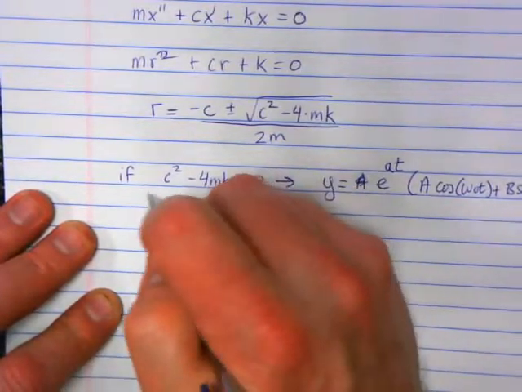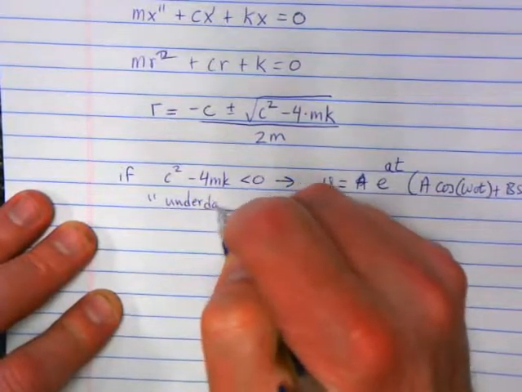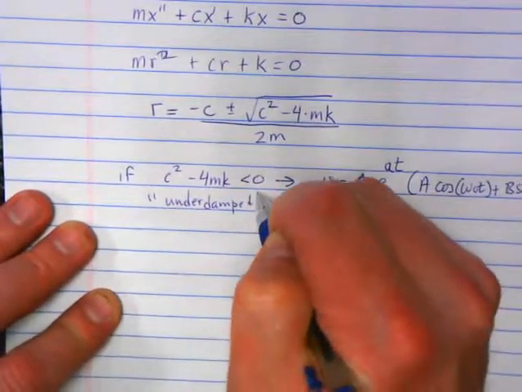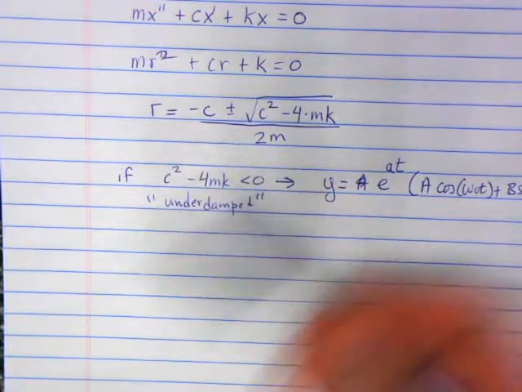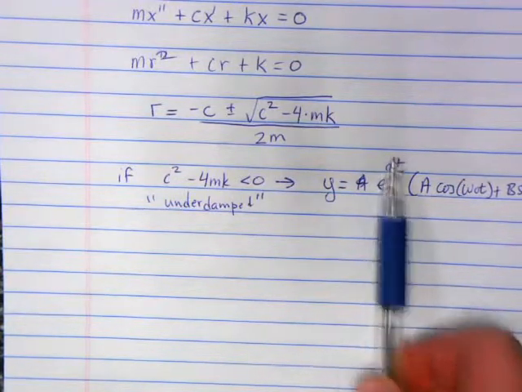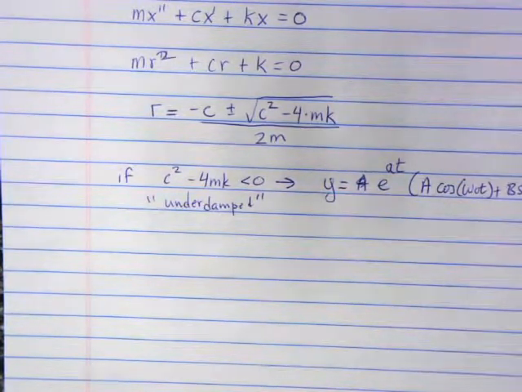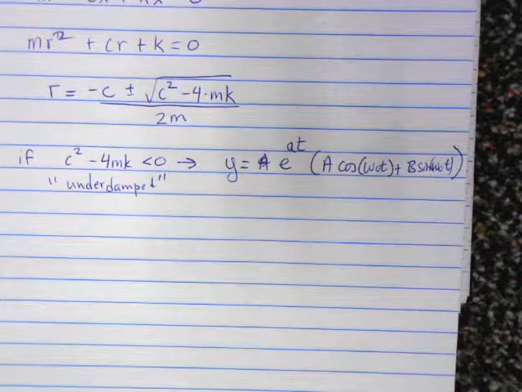And this possibility is called underdamped. So it's possible that the thing underneath the square root is a negative number, which means you're going to get complex answers. So this is what we saw when I bounced the spring the other day.